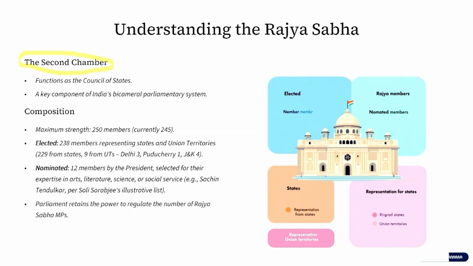For example, if a law has to be made, then a bill has to be passed in both Lok Sabha as well as Rajya Sabha. If the bill is passed in the Lok Sabha and is not passed in the Rajya Sabha, then that bill will not become an act. We will be discussing these things in detail. But what I want to emphasize here is that Rajya Sabha is not the secondary chamber, but just a second chamber.